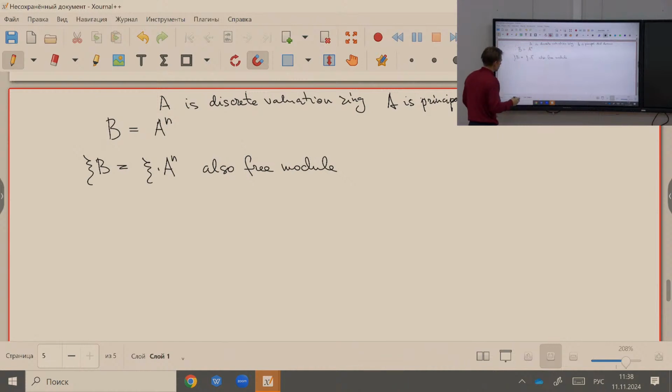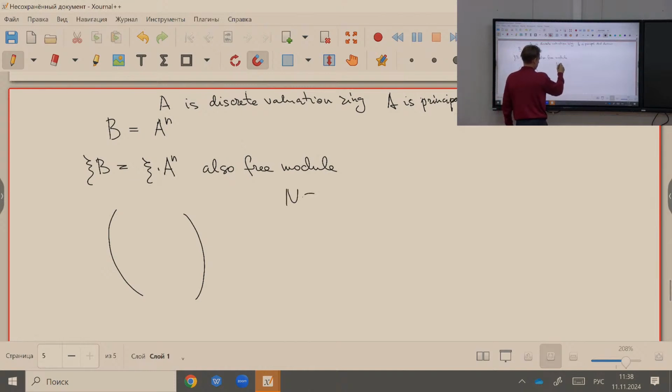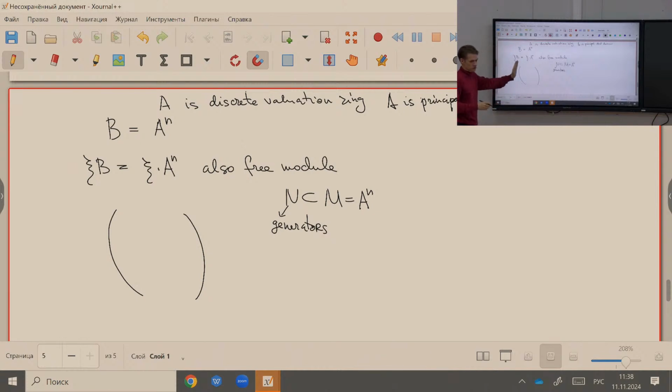And you can write it down in a basis. So this is the free module A^n, and here you have generators, and you can write down the generators in terms of the coordinates of A^n. The set of generators is of the same number n.